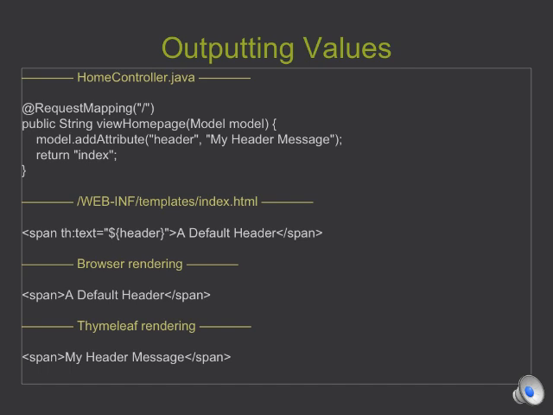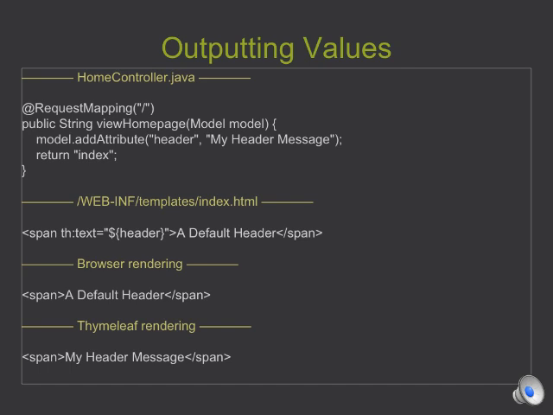And so as your designers are building this template, they just build their normal tags like that, and they'll see a default header. And then a developer comes in and adds that th:text attribute, which is outputting something. And when it actually gets processed on the server side, it'll replace a default header, which is the text inside of the span tag, with the value of this header variable.